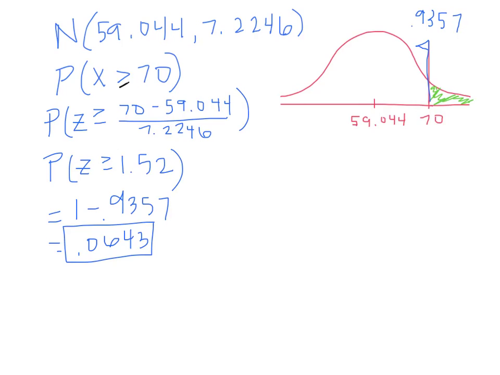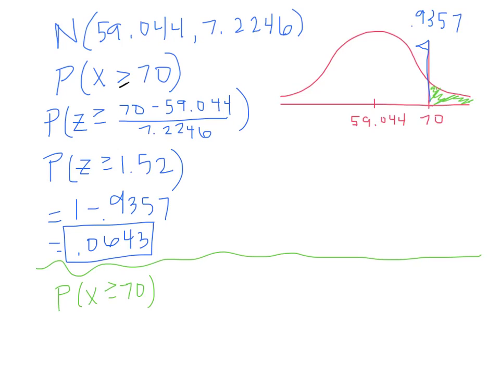Now, as promised, I just want to show you what would happen if you were to use a binomial CDF function to calculate this. Might be a little bit easier. So in this case, we have our same probability statement, x is greater than or equal to 70. So I'm going to use the CDF function.